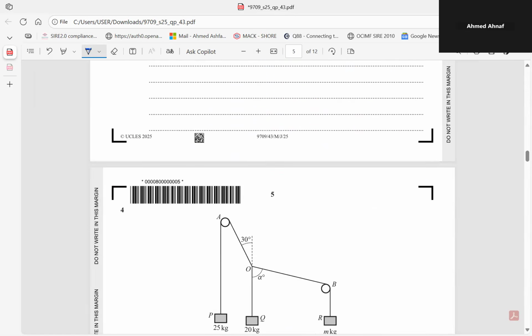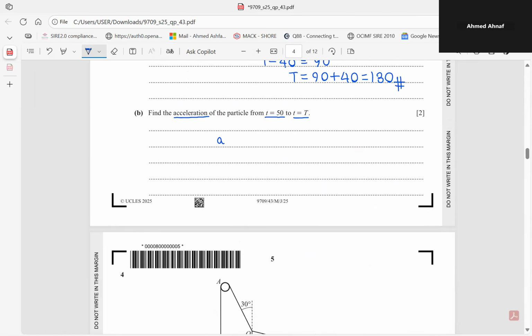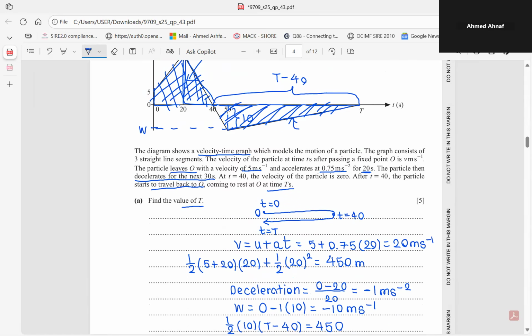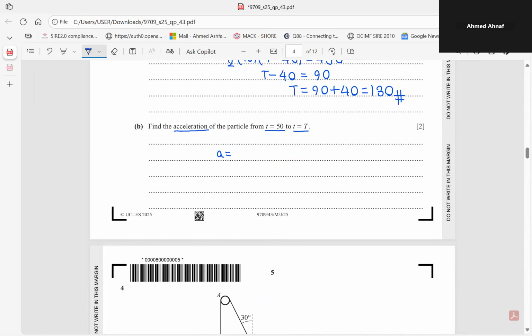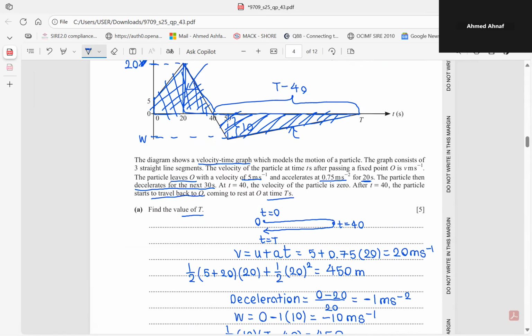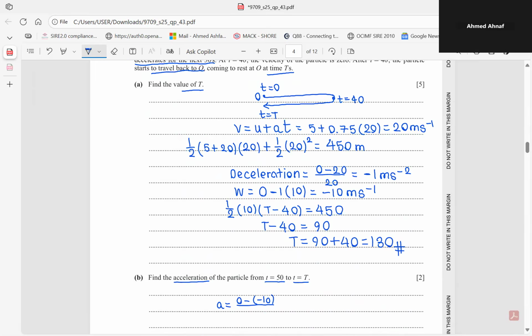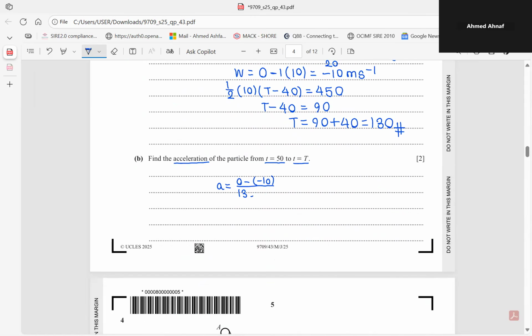Just use the gradient formula, or you can use your v minus u divided by t formula as well. So v is the final velocity, so that's 0 minus u, which is negative 10, divided by the time. So that's t minus 50, which is 130 minus 50.